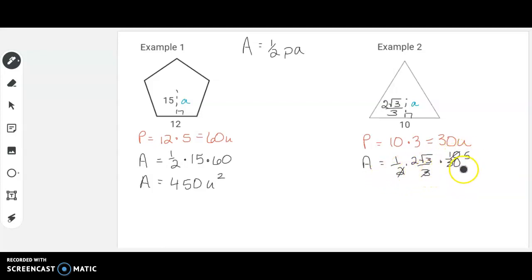Now all of my denominators canceled out. I have 1 times 2 square root of 3 times 5, which gives me 10 square root of 3 units squared. That's my area.